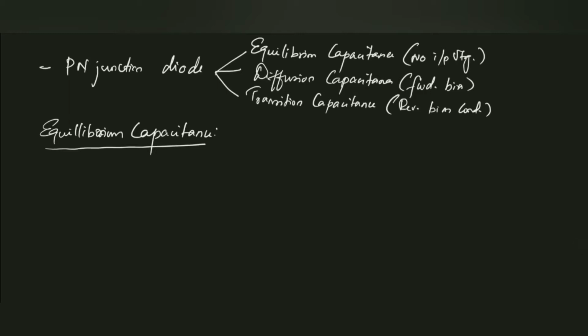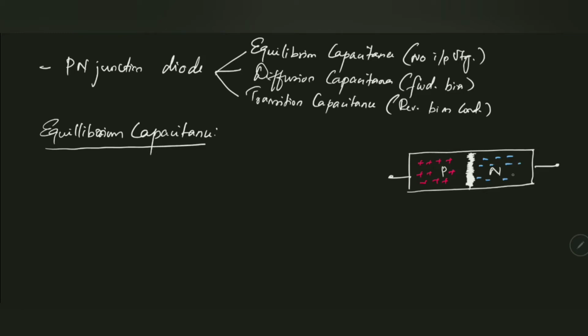At equilibrium condition, you have a p-n diode that is not connected to any voltage. This is the diffusion layer formed between the p-n junction. There are some charges: the majority carriers, the holes, that is the positive charges, are present on the p side, and the negative charges are present in the n type.